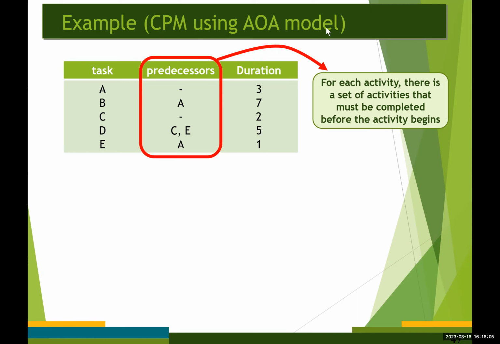Just to remind you that all of these three items, the list of activities, the precedence relationship, and the estimation of the activity durations, are necessary information to construct any AOA network diagram.